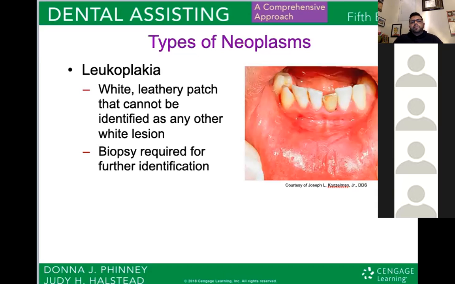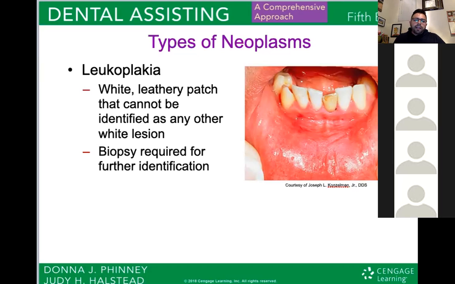Types of neoplasms include leukoplakia, which is a white leathery patch that cannot be identified as any other white lesion. Biopsies are required for further identification to know what this is. This is the white leathery patch that we see on the bottom of this patient's lip.